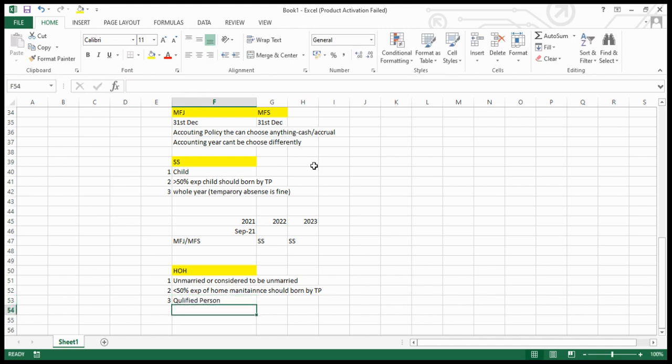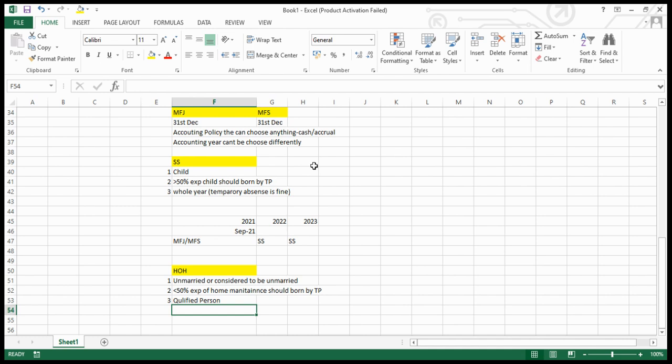Then only we will treat him as HOH. Who are qualified persons, we will discuss later. Now the main three conditions are here. One is he should be unmarried or considered to be unmarried. He should bear 50% of home expenditure. Third one is for the qualified persons, then he can be treated as HOH.